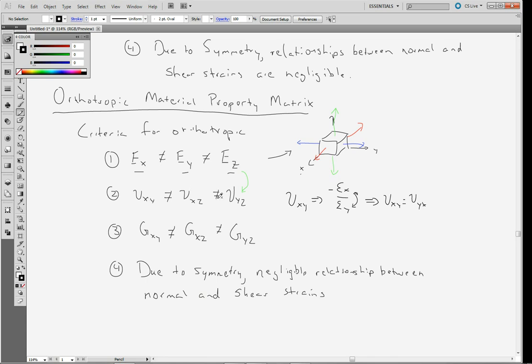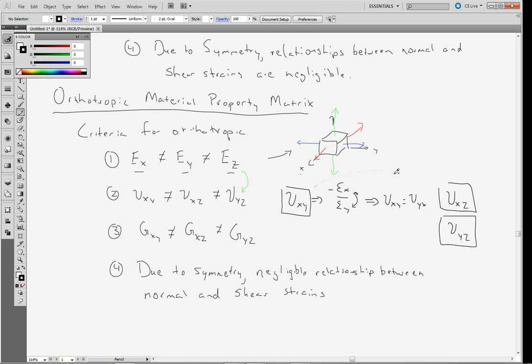X and Y have a certain relationship to each other that's described by Poisson's effect. X and Z have a certain relationship described by the Poisson's ratio ν_XZ. And Y and Z have a relationship defined by the Poisson's ratio ν_YZ.